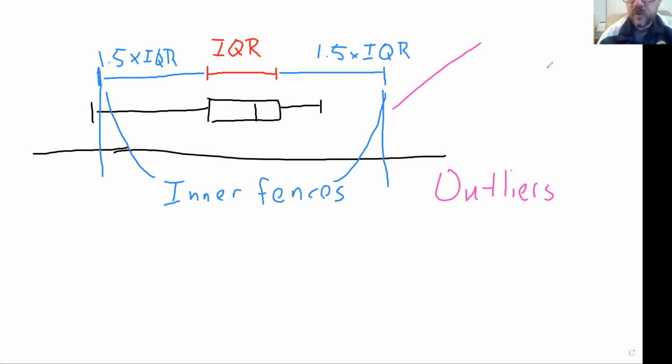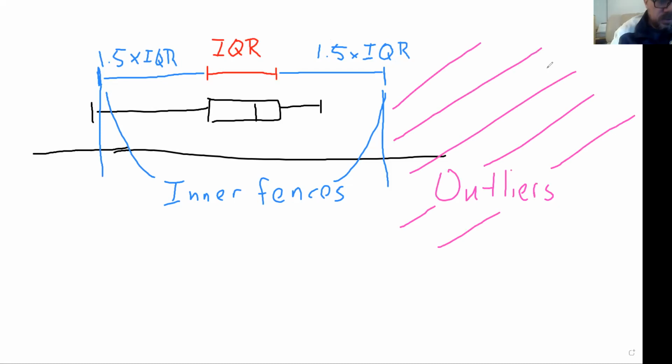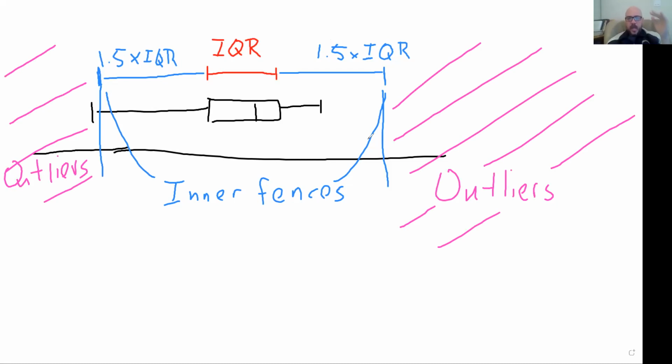So all the stuff over here are outliers. Right, so you can see anything that falls outside of the inner fences is called an outlier.